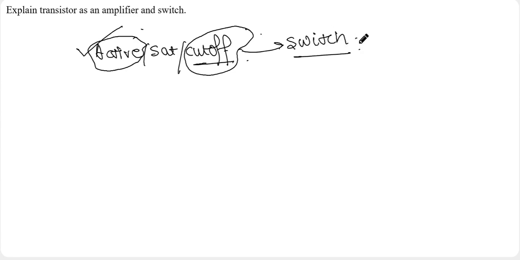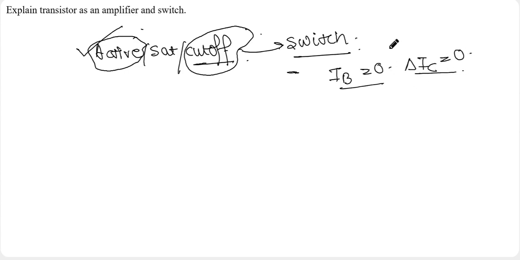So what happens in the cutoff region? During the cutoff region, the current does not flow through the transistor. The base current IB will be equal to 0. So the change in the collector current will also be equal to 0.